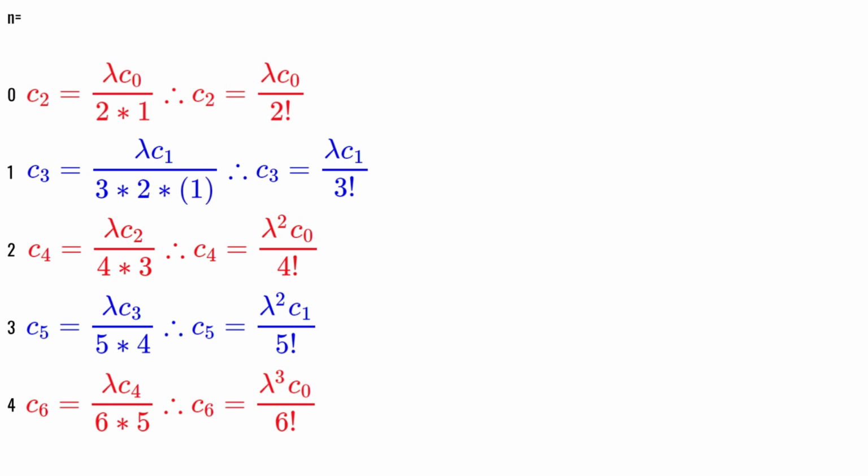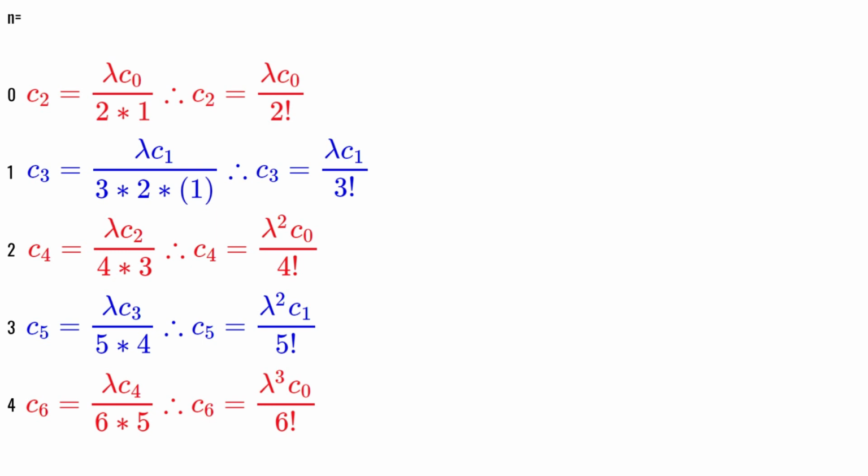But we already know what c2 is, right? So if we go back to c2, c2 was the eigenvector times c sub 0 over 2 times 1, right? So what we actually get, therefore, c sub 4 is equal to the eigenvector squared times c sub 0 over 4 factorial.